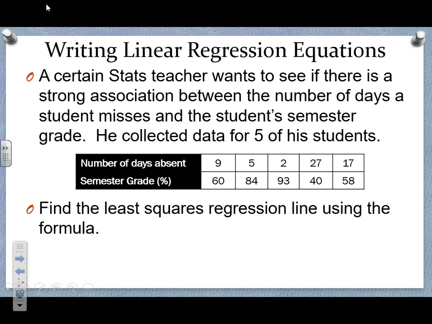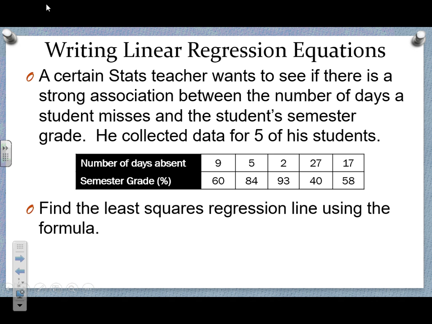All right, let's do this instead with our calculators, just so you get some practice with that. And to be honest, doing this in the calculator is the same exact process as calculating correlation. Everything about it. So I want you to put in the values to your list. So number of days absent would be our explanatory. That goes in for x. Semester grade would be our response variable. That goes in for y.